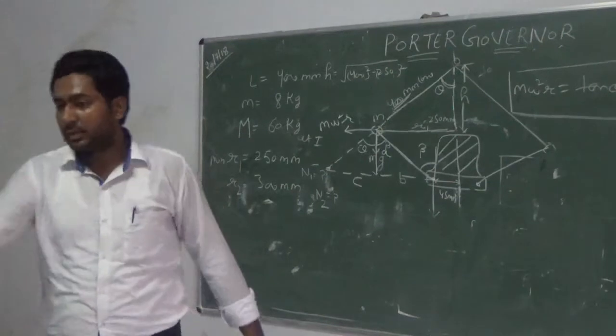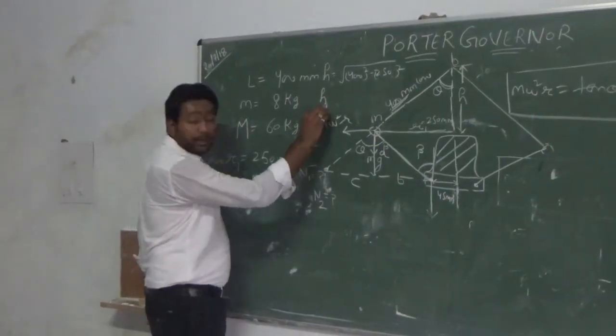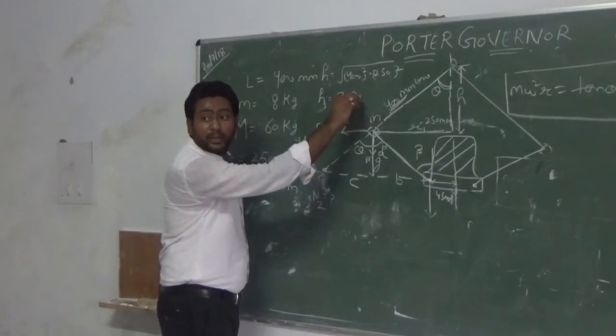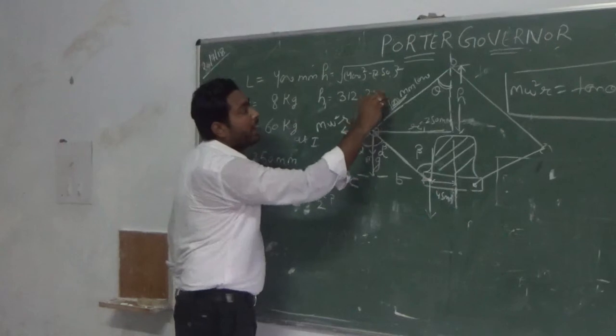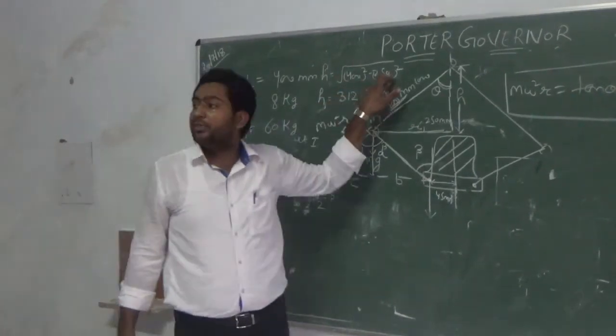Calculate first. h1 is 312.24 mm, because of 400 mm and 250 mm.